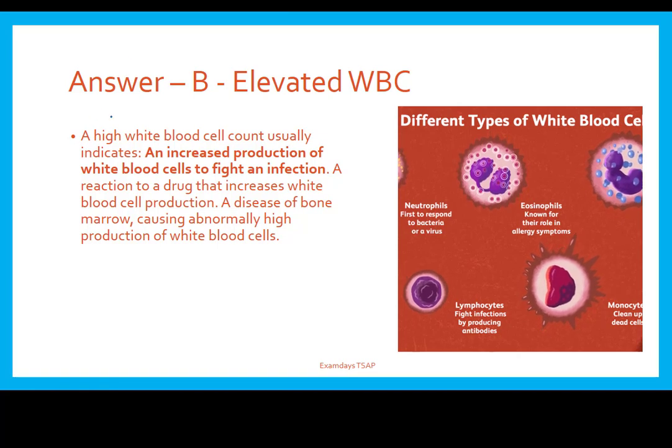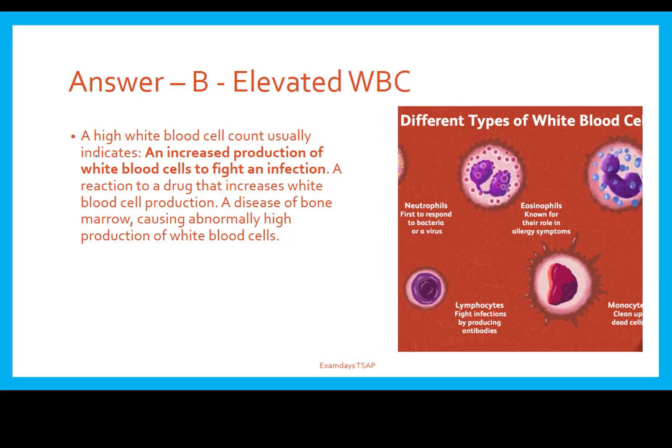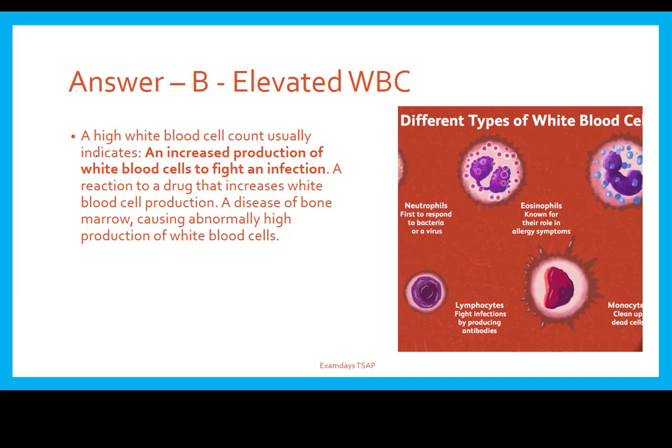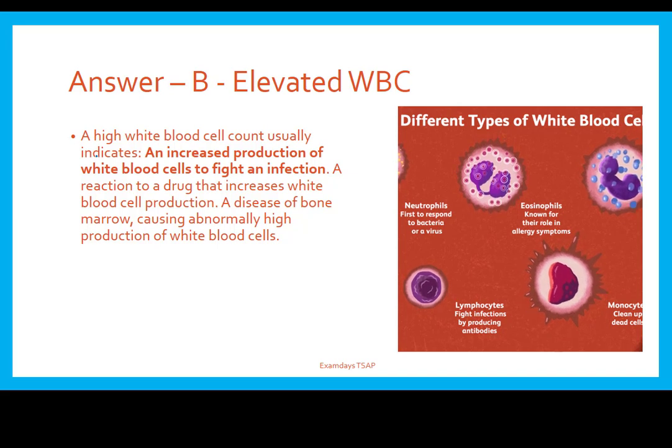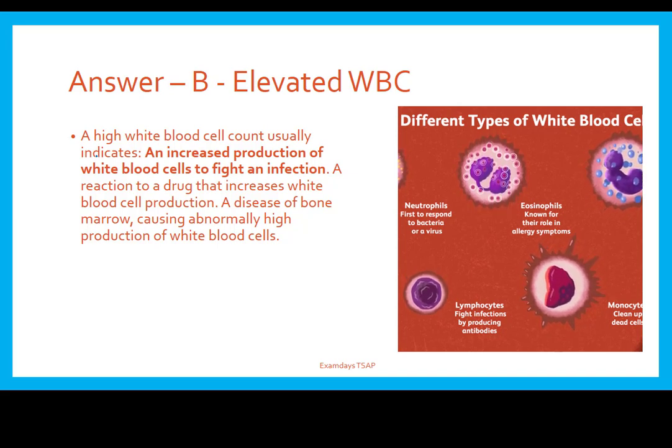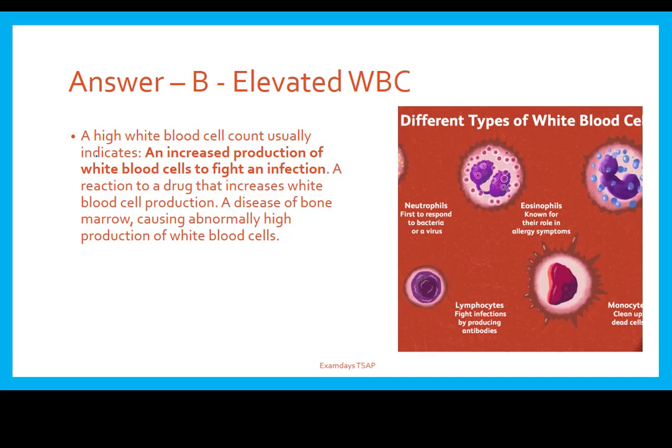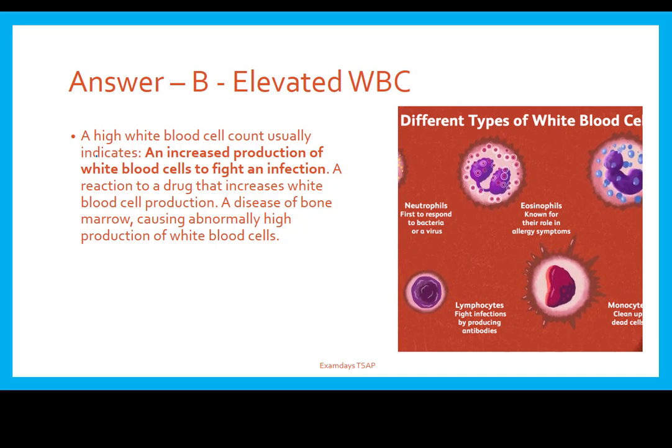Explanation as given here: a high white blood cell count usually indicates an increased production of white blood cells to fight infection, a reaction to a drug that increases white blood cell production, or a disease of the bone marrow causing abnormally high production of white blood cells.